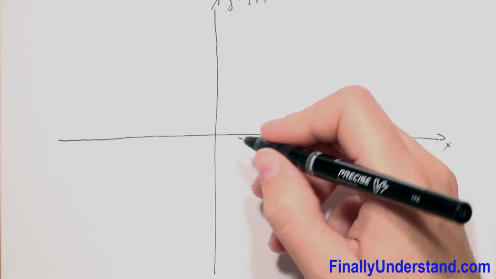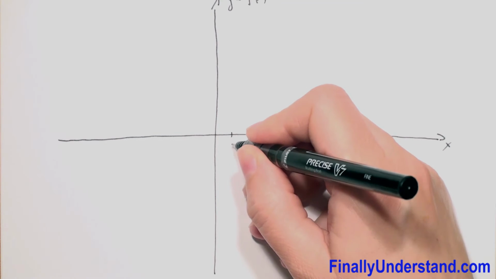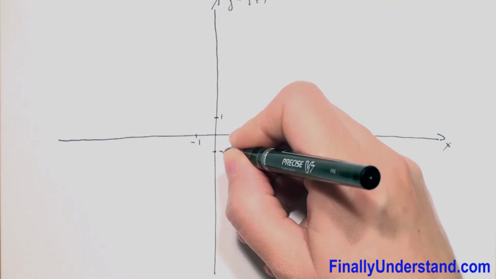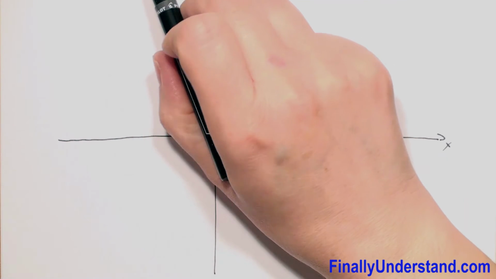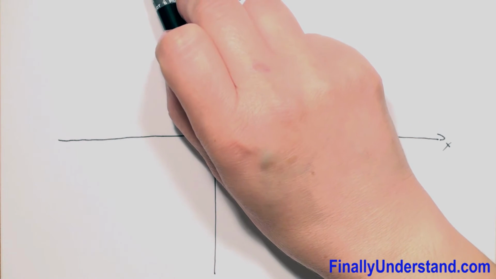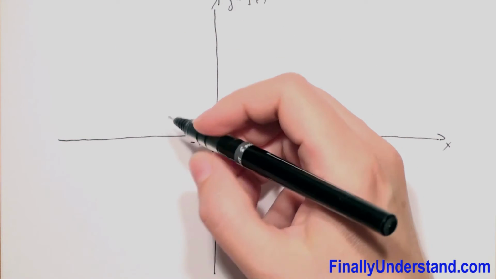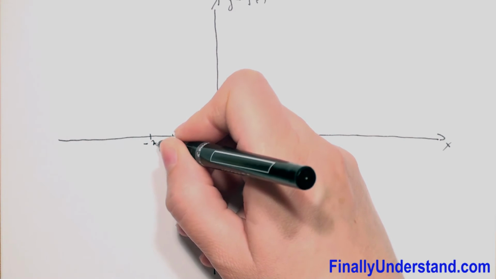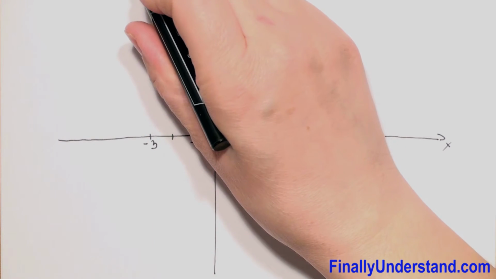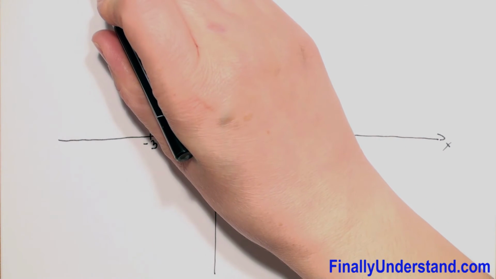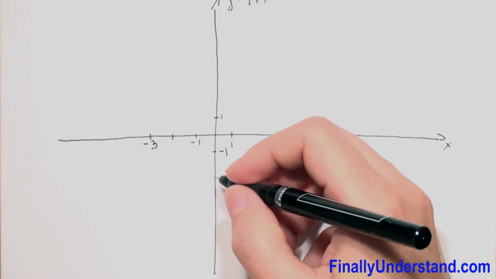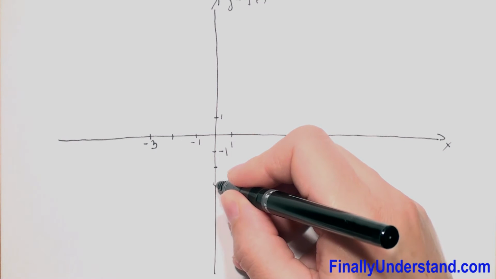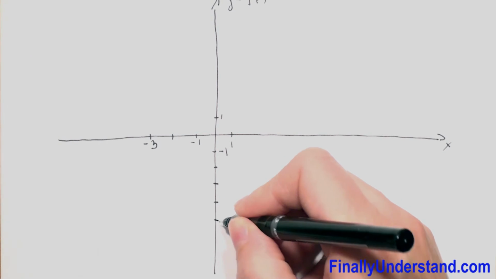Now we have to choose the unit. 1, 1, -1, -1. We have x less than or equals -3. So let's find negative 3, negative 2, negative 3. And for all this x, we have value negative 5. So we have to find the value negative 5.